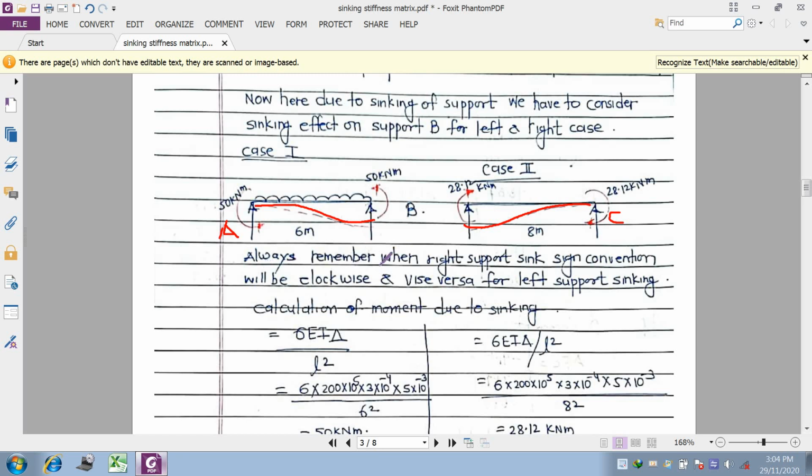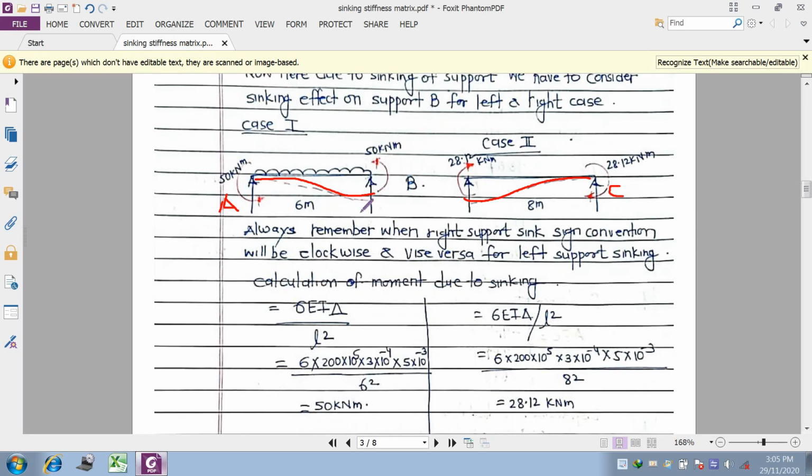So always remember, when the right support sinks, then the sign convention will always be clockwise. We have already seen and solved this type of numerical. We have seen this concept in our unit number 2, moment distribution method also, for sway frames. So the same concept is applied here to calculate the sinking effect, and vice versa for the left side support.